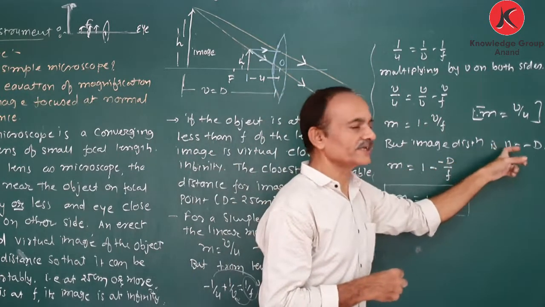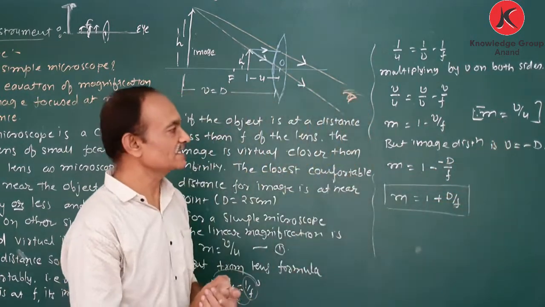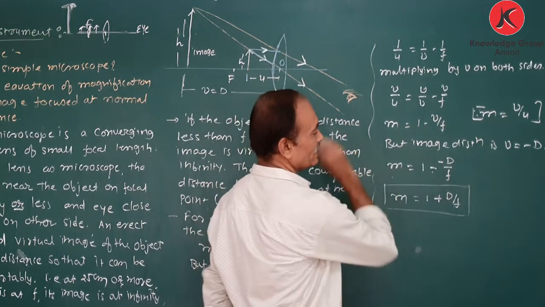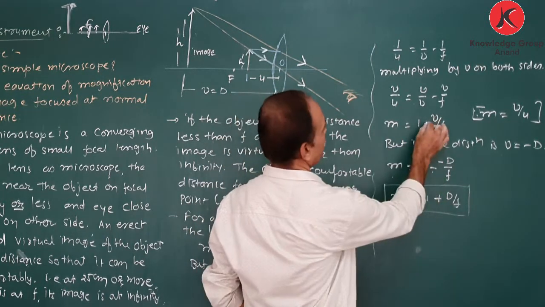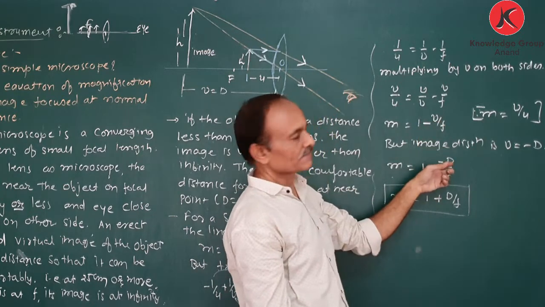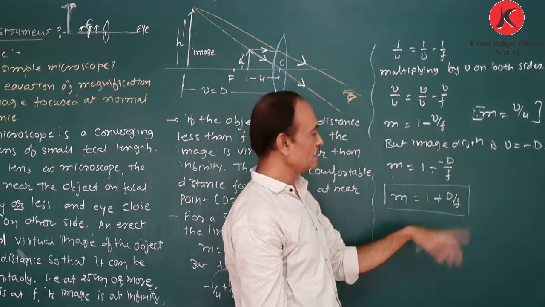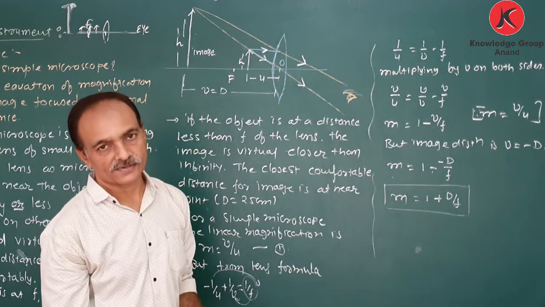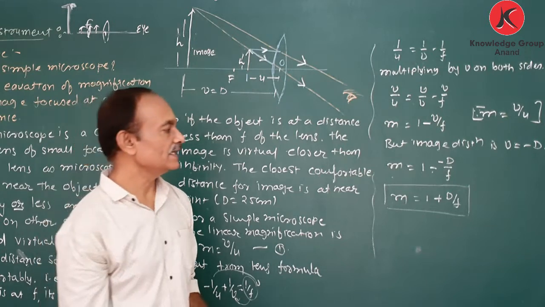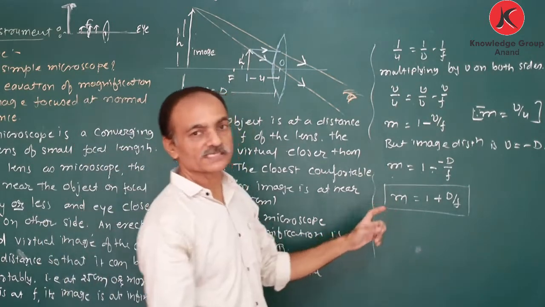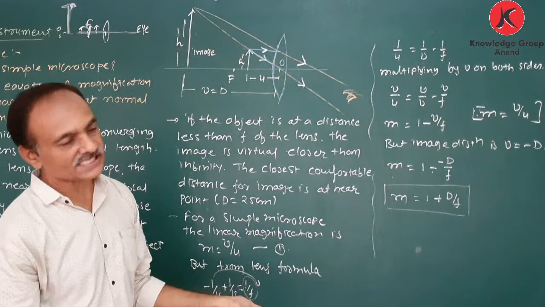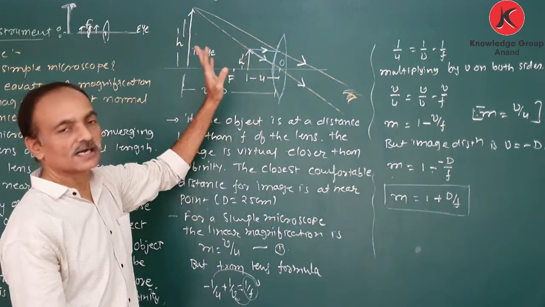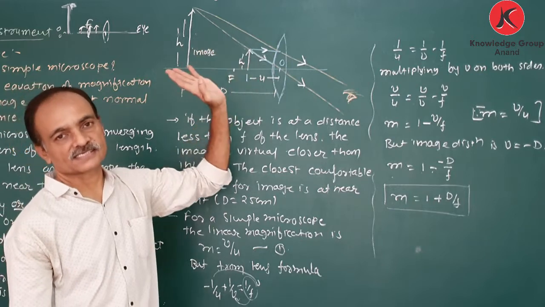Therefore, we substitute V as minus D. M is equal to 1 minus, instead of V, minus D upon F. Therefore, M is equal to 1 plus D upon F. That is the magnification of a simple microscope when the image is formed at the near point distance, or the normal vision distance.